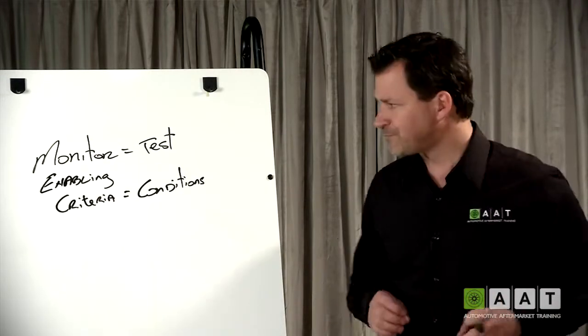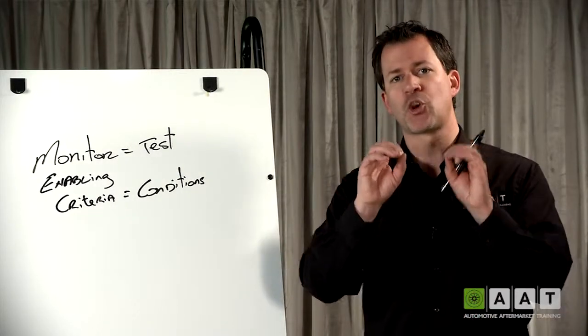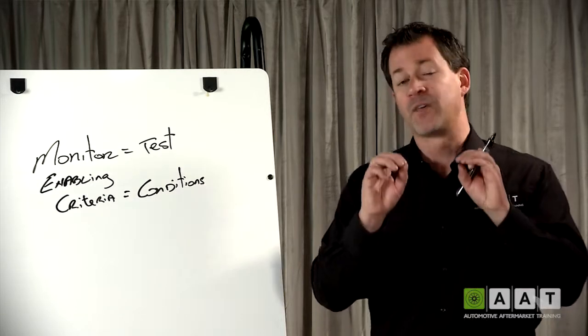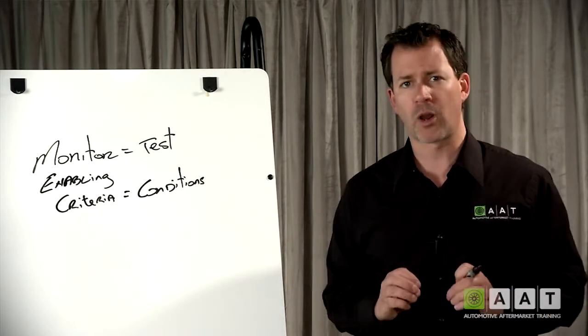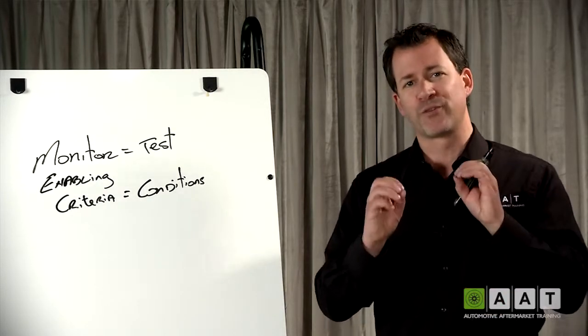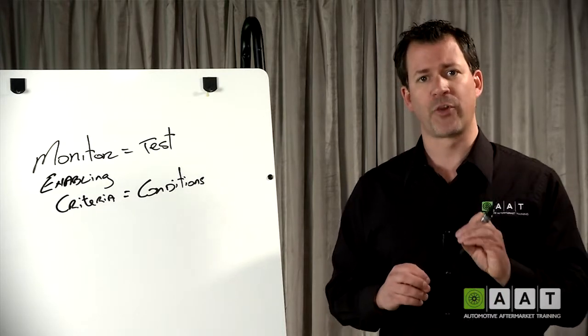Okay? Now, once we've met enabling criteria, there are going to be certain DTC detecting conditions that the computer, the engine control computer, or powertrain control module, or whatever you want to call it, is going to identify as a problem. You can find these conditions under the DTC description also.